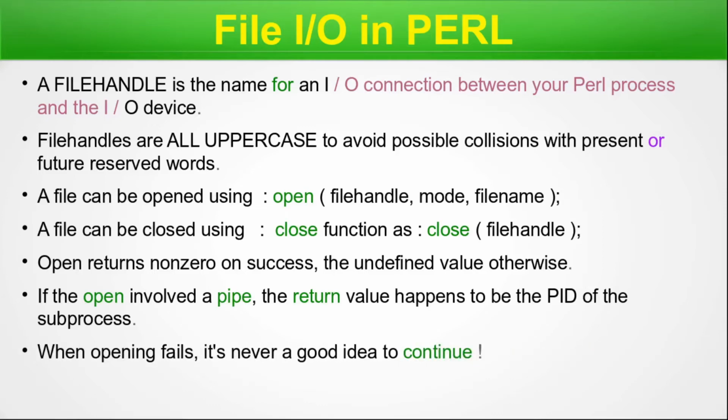When opening fails, it's never a good idea to continue. So if you are trying to read a file and you cannot open the file, you cannot proceed in automation. You have to stop because there is some issue.